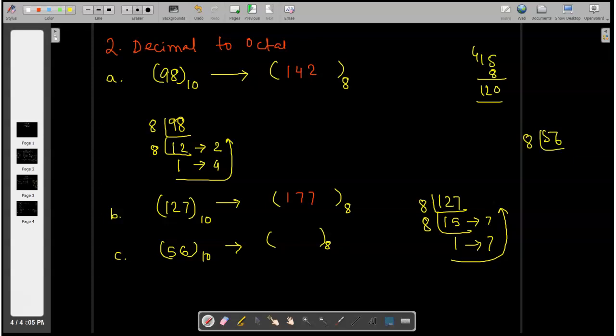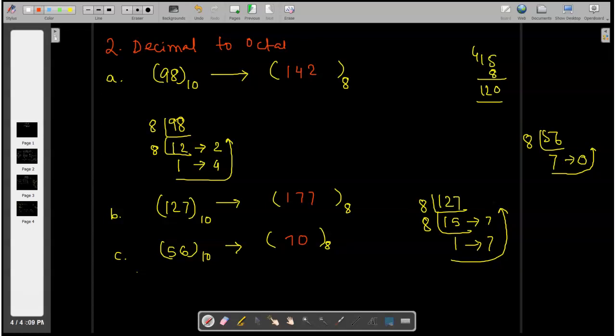It will be easily divisible, right? 8 sevens are 56, so the remainder is 0. So we can simply write 70. So the octal number of 56 is 70. Is it clear?